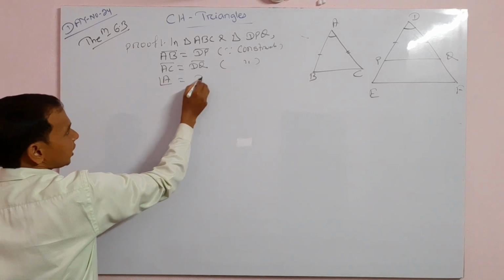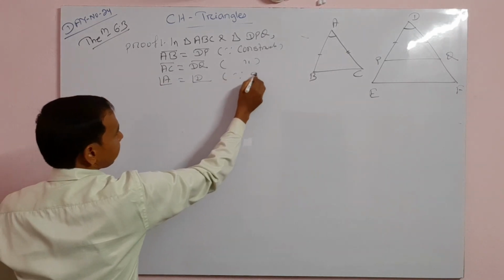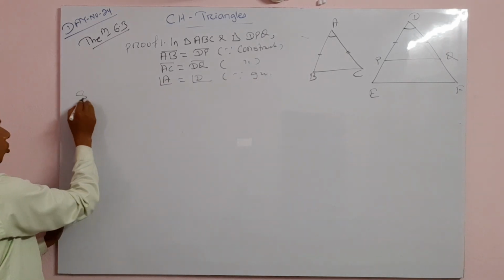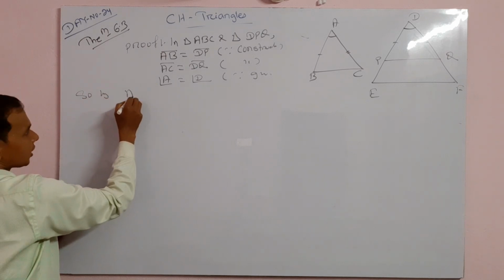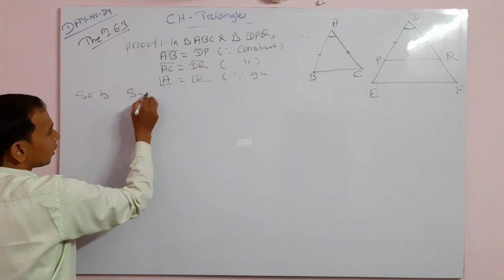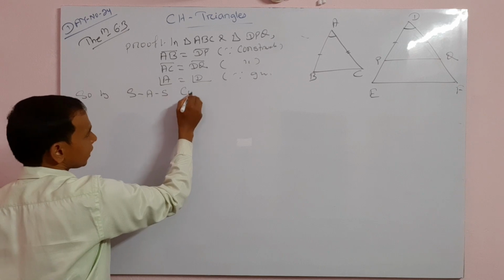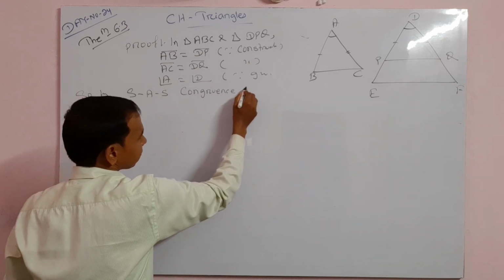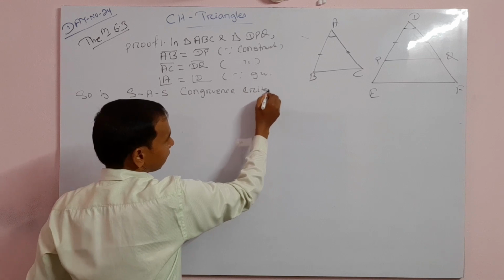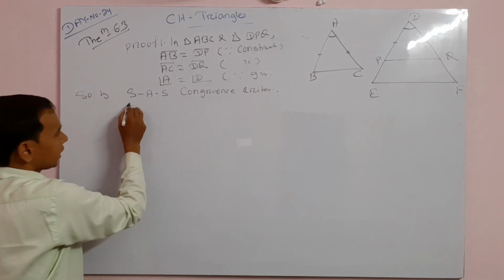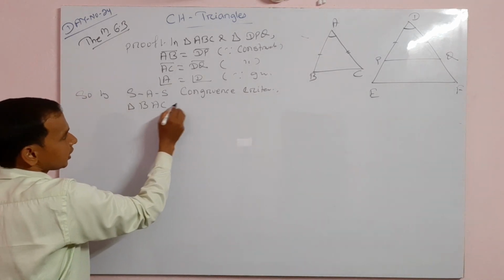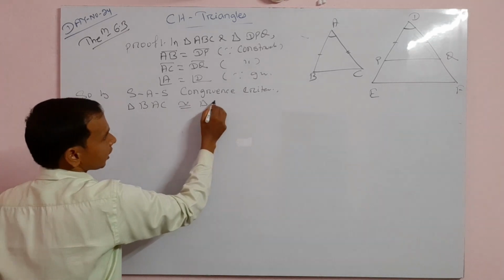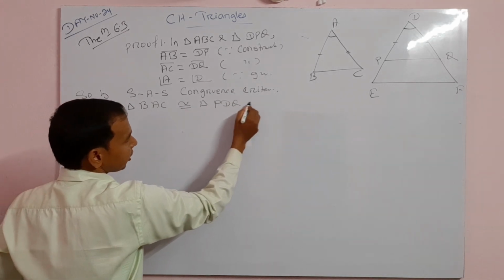A angle equal to D angle because also given. So by side angle side congruence criteria, triangle BAC is congruent with the triangle PDQ.